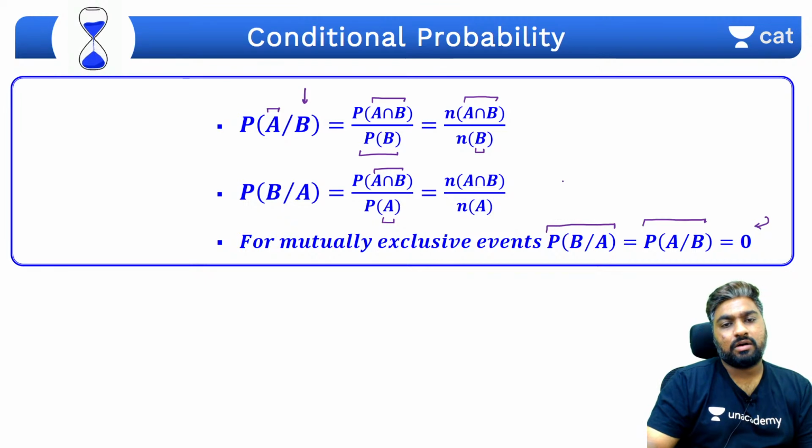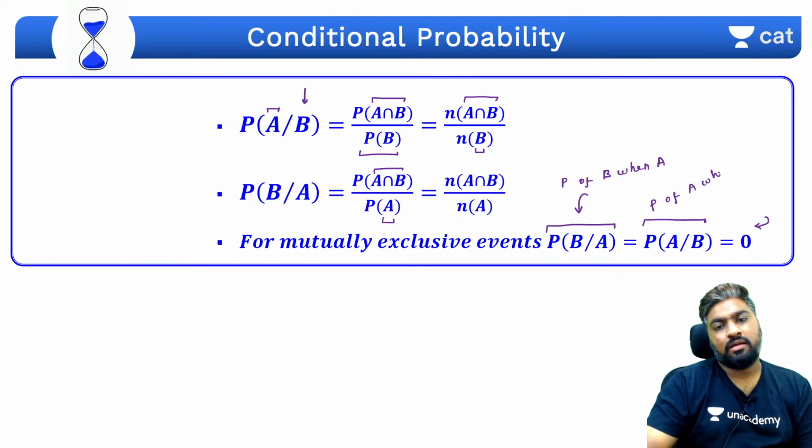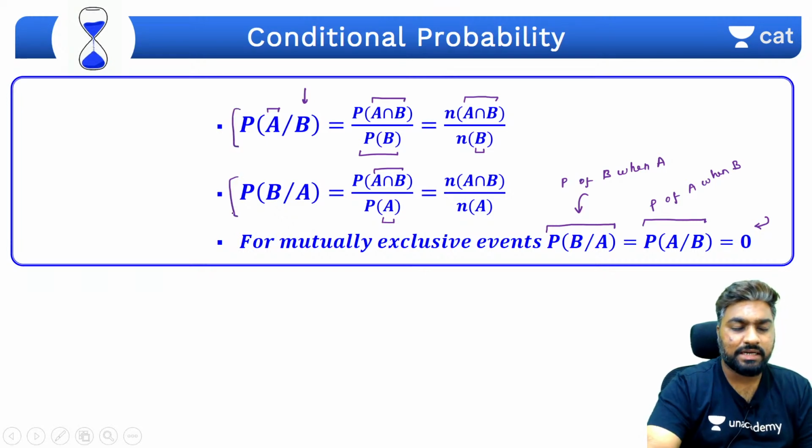So how is this pronounced? Probability of B when A: when A is done, what is the probability that B will occur. Same way, this is called probability of A when B. Got it? So we'll see an example question. This will help us understand it better.